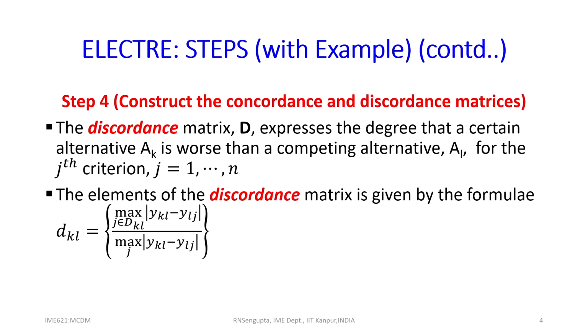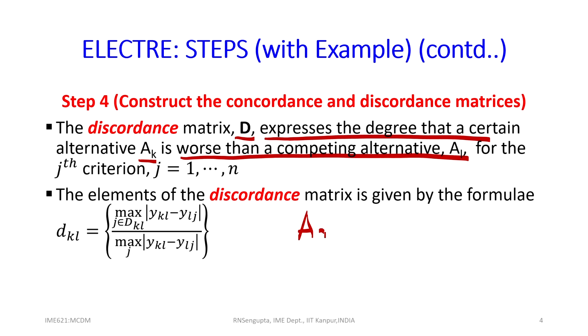The discordance matrix D, as we have been denoting, expresses the degree that a certain alternative A k is worse than a competing alternative A i. So, when I am comparing, I am comparing A i with respect to A k alternatives.